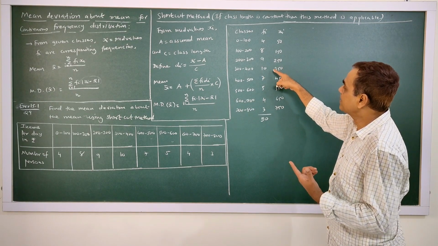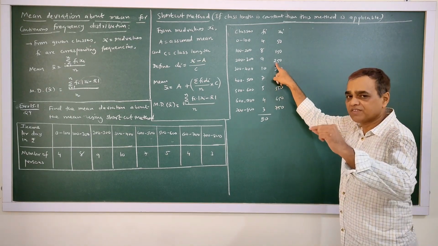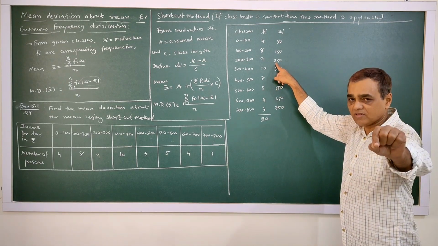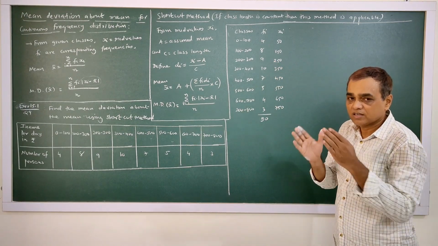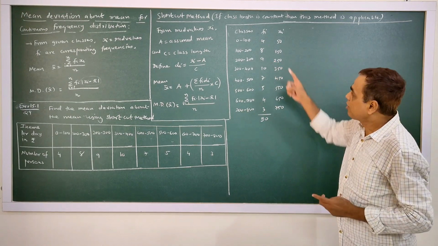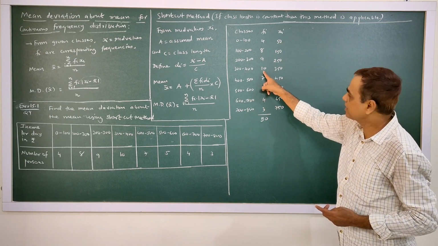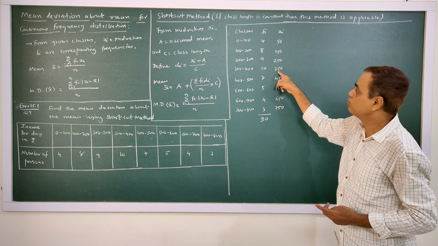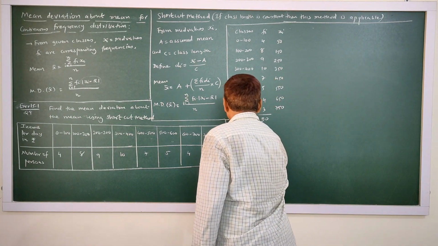It will be somewhere in the middle. Instead of 350, if you take 250, then also you will get the answer. But the best and easiest way is to observe the frequency. Maximum is 10. So take the corresponding mid value as assumed mean. So A is 350.